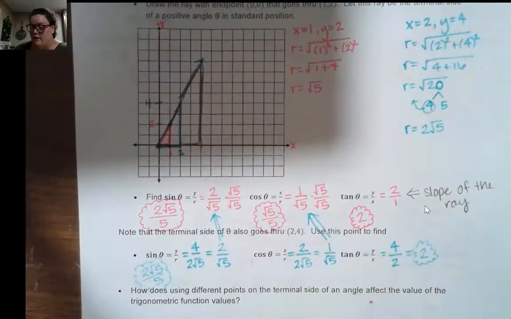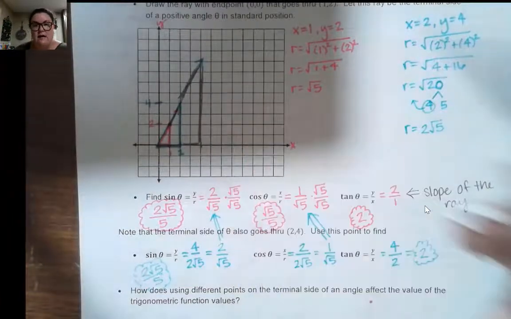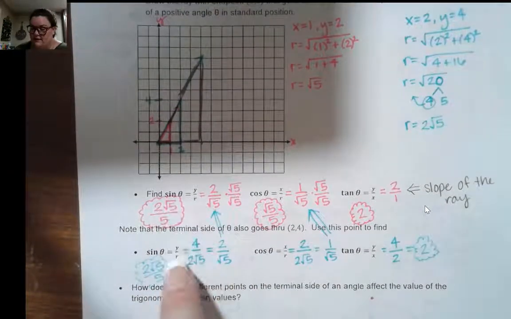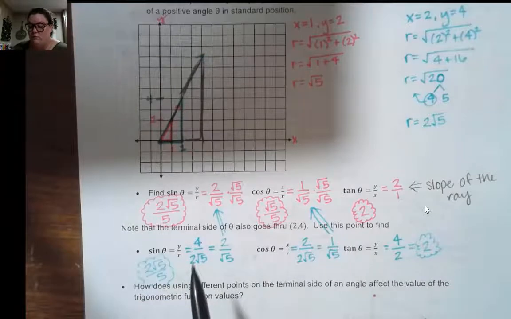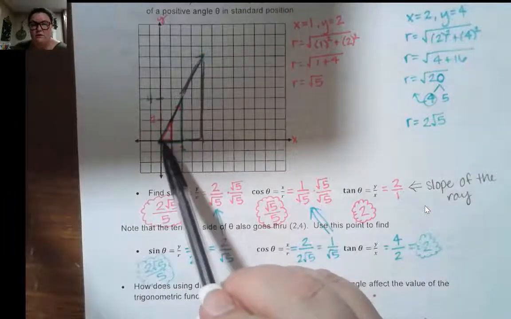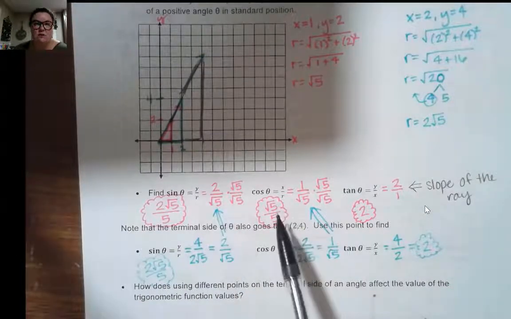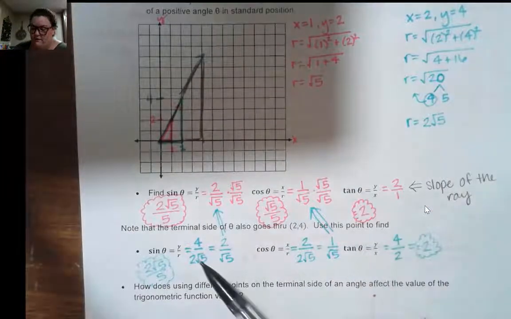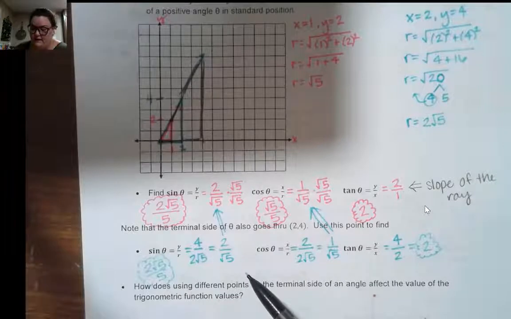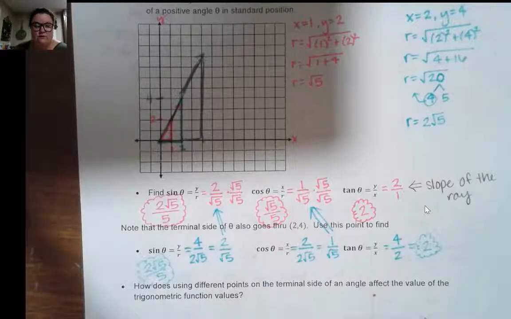So it doesn't matter which point on the terminal side I pick, you'll always get the same trig function values. Now, notice what worked out nicer for us is that when we use the smaller triangle, we didn't have as much simplifying to do. The further we go out on the line, the more we're going to end up having to reduce and simplify to get down to that trig function value.